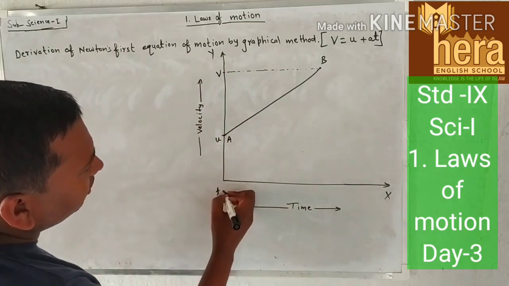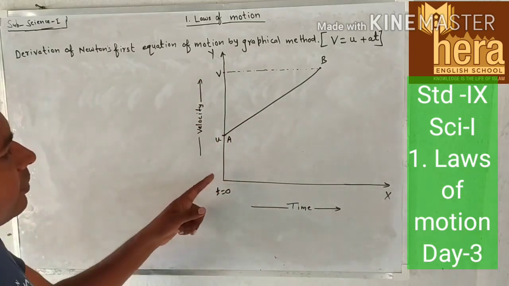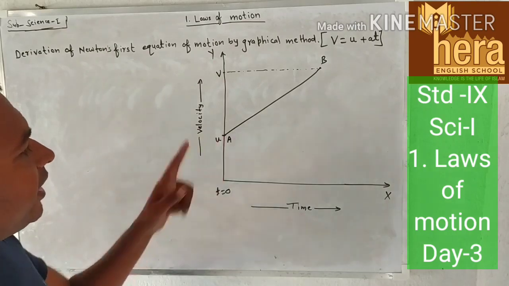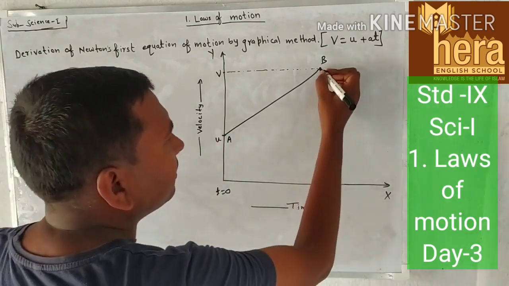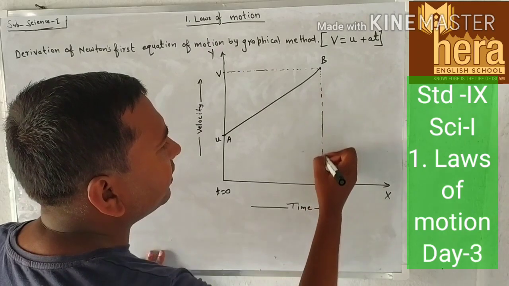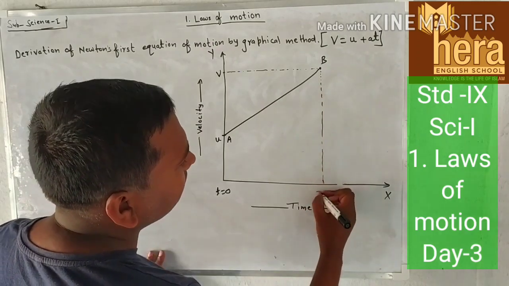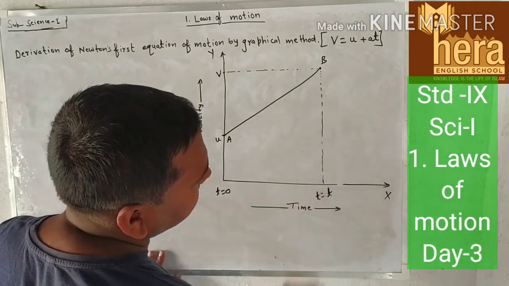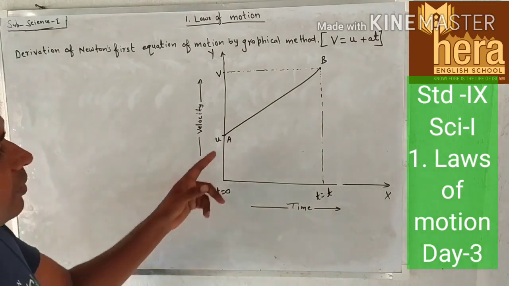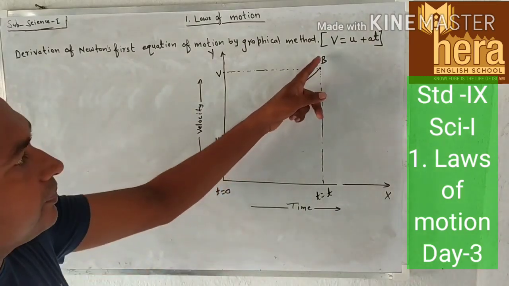At t = 0, the object was at point A, and at time t, the object came to point B.